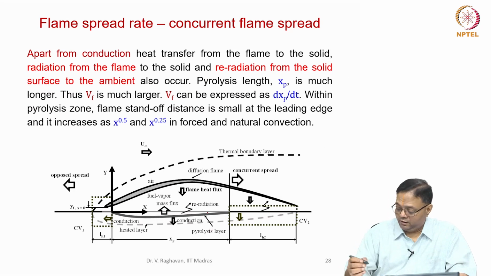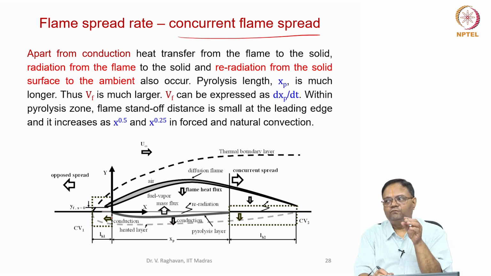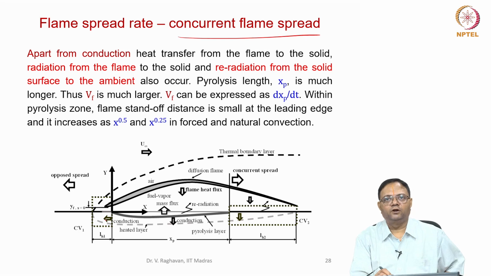Okay, why? The concurrent flame spread, if you take, apart from conduction heat transfer, which was considered in the opposed flame spread, we say that the flame standoff is there, and heating length also is very small. Since the flame standoff is also very small, only conduction heat transfer is predominant in the opposed. So, we can neglect the radiation. So, once radiation comes into play, it will be a very big problem.